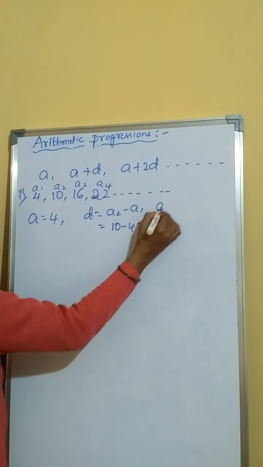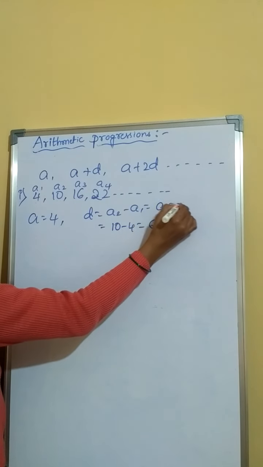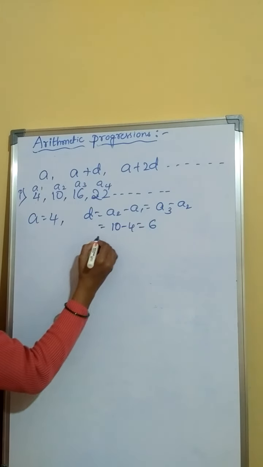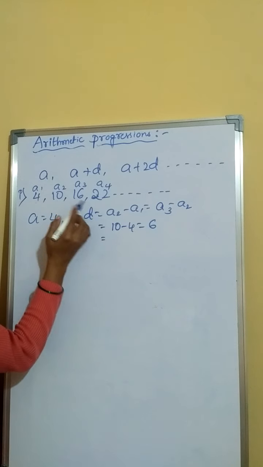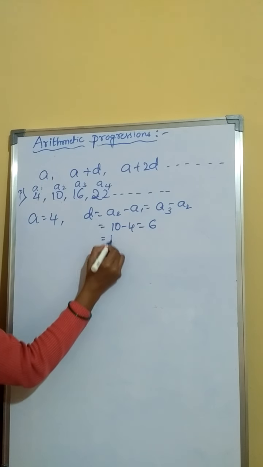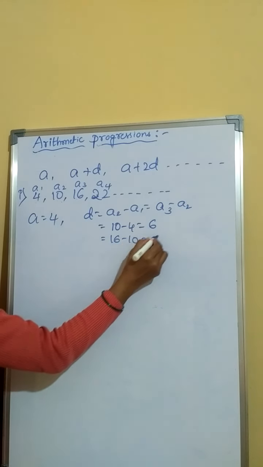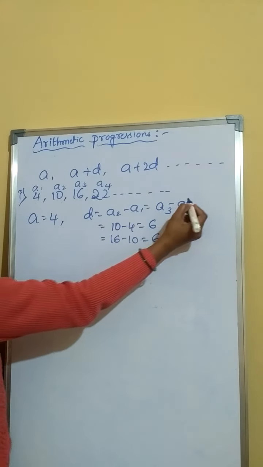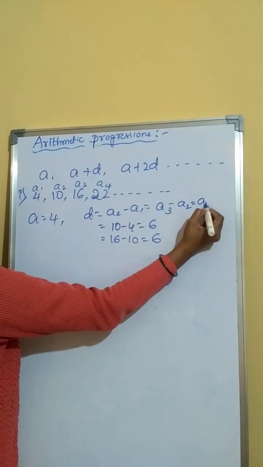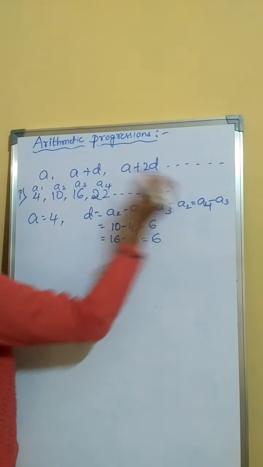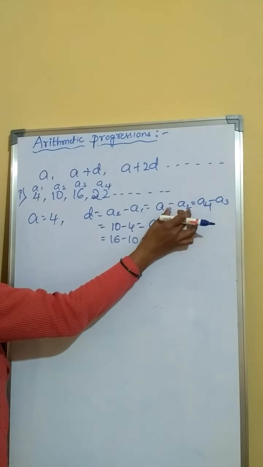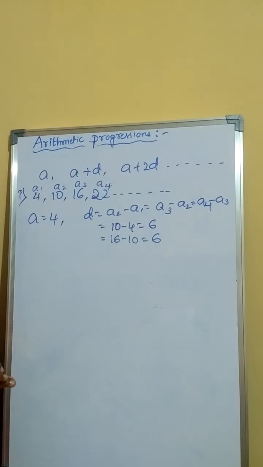D can also be written as A3 minus A2. That must be fixed. So now A3 minus A2, 16 minus 10, here also I got 6. Next, D can also be written as A4 minus A3, which indicates in each step D must be fixed.